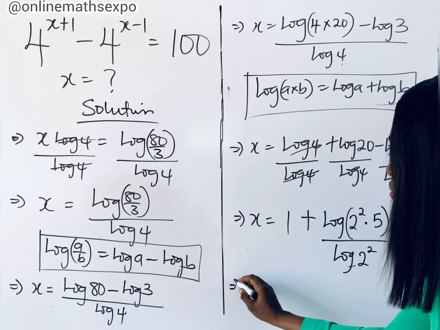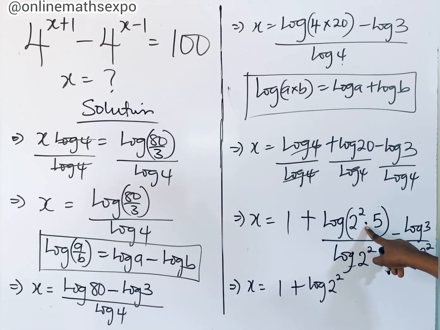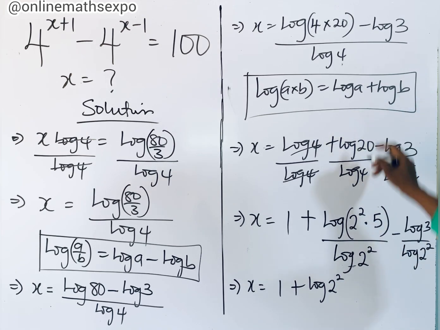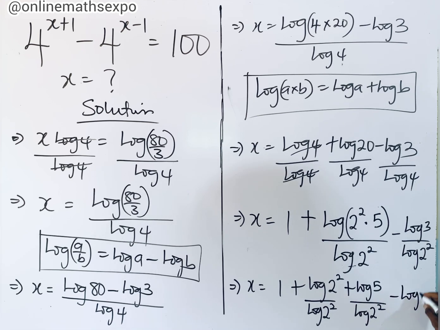So we keep simplifying. x will give us 1 plus log of 2 to the power of 2. Let's split this, plus log of 5. You can use this denominator for each of them. So we divide this by log of 2 squared, divide this by log of 2 squared, then minus log of 3 divided by log of 2 squared.